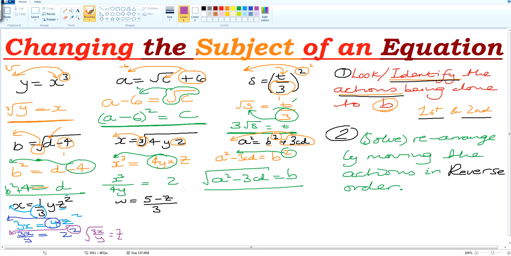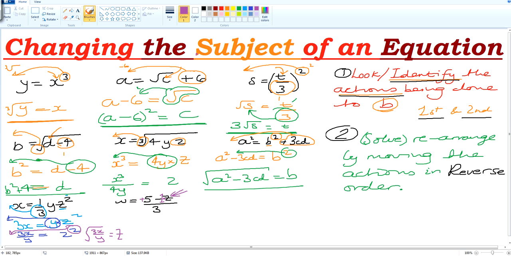Okay, we've got to make z the subject. What's acting on the z? First of all, you might not have realized that it's been timed by -1, and then it's been added by 5, and then it's been divided by 3. So which one do you move first?